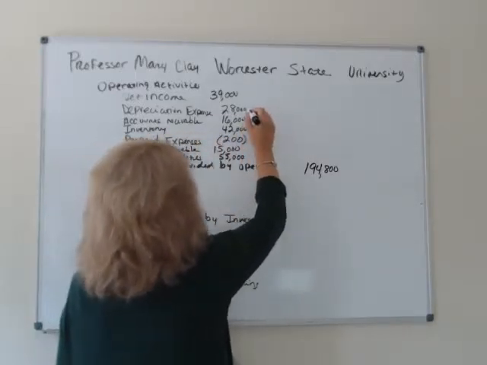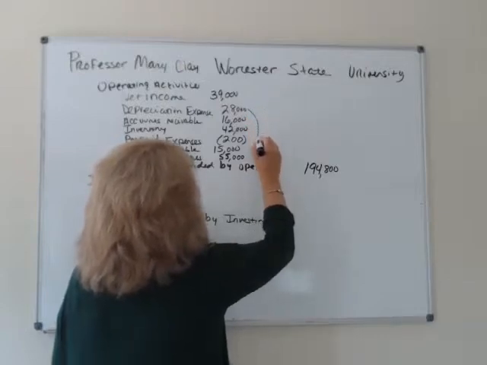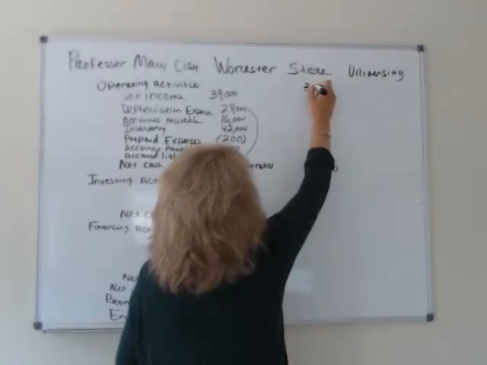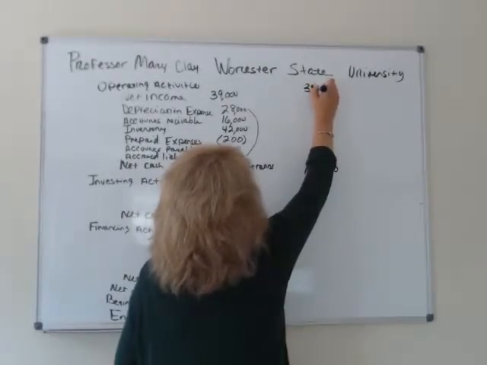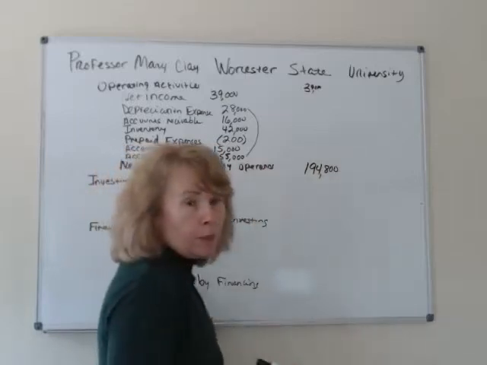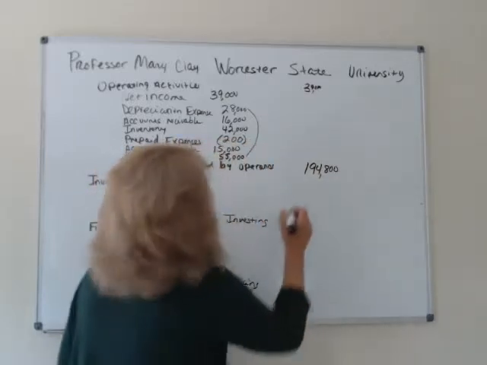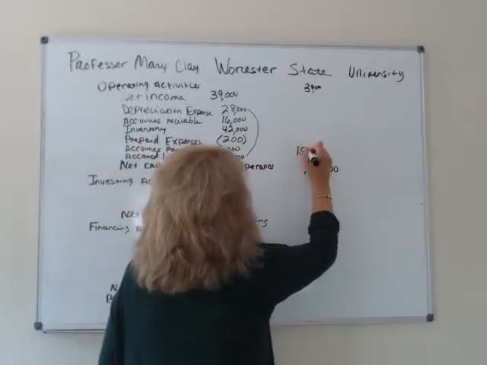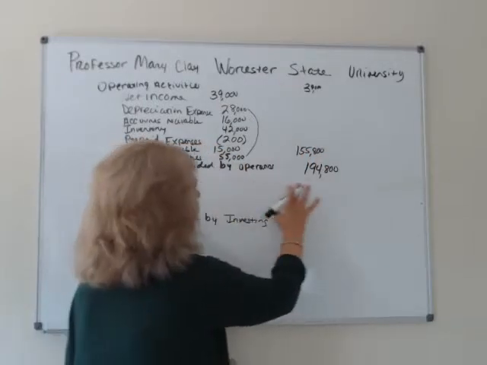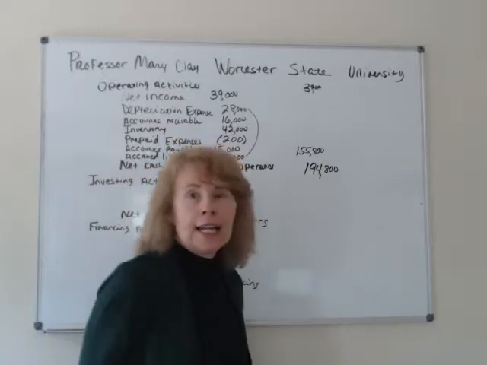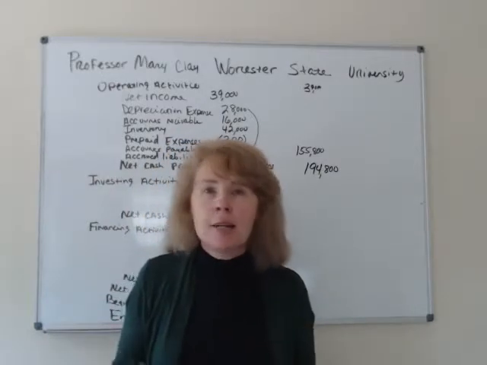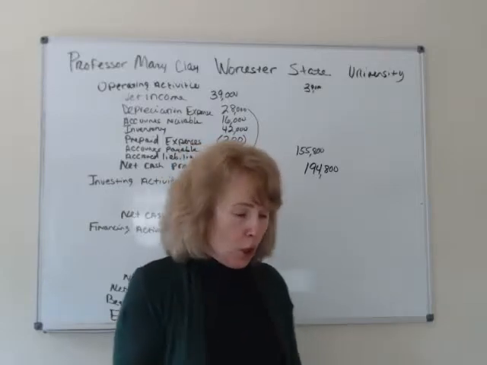The subtotal between all these, okay? And we'll bring this 39,000. The subtotal between all these is 155,800. Okay? But your total for operating activities is 194,800. Take your time with this. It's easy to make a mistake, so make sure you go slow.